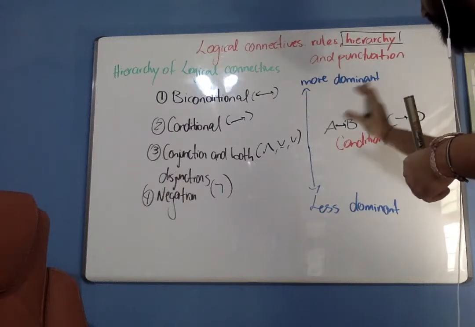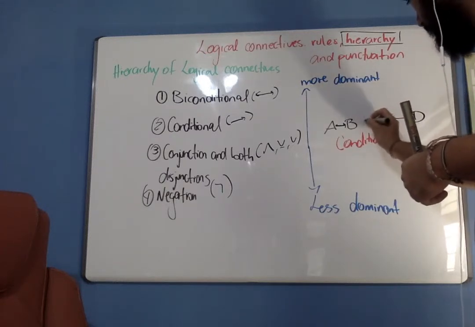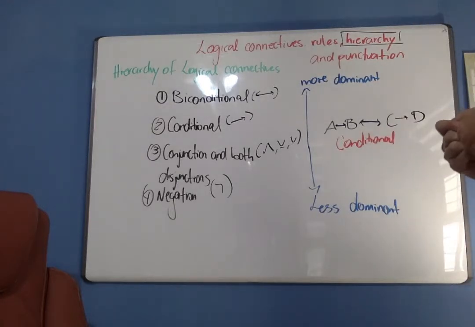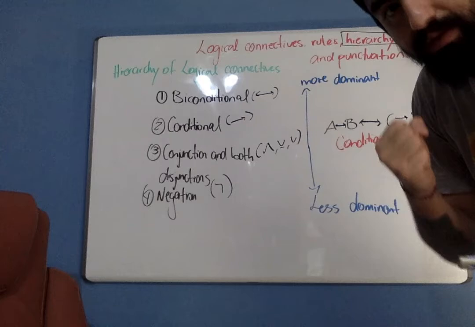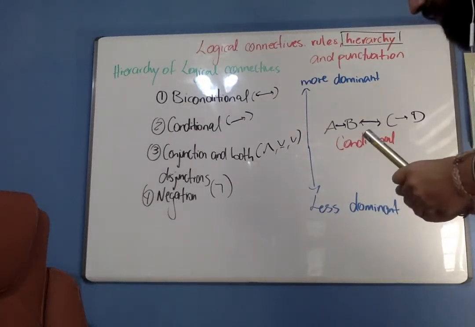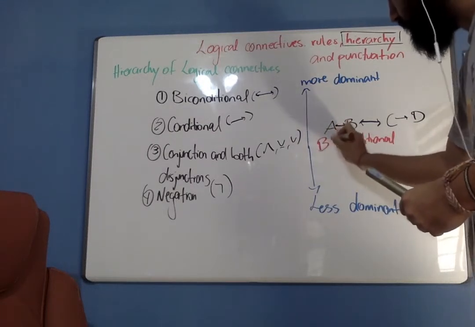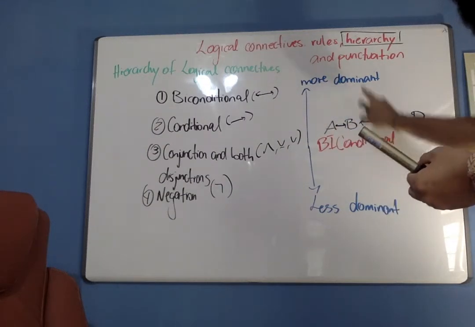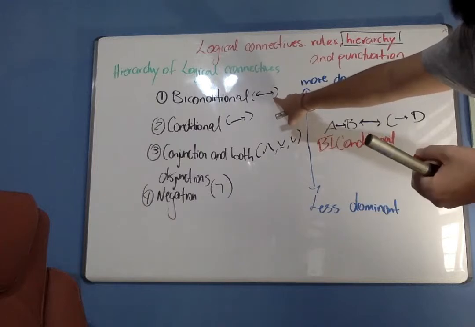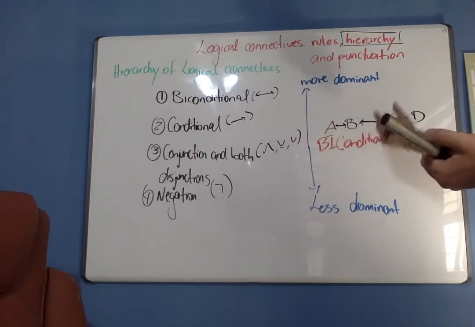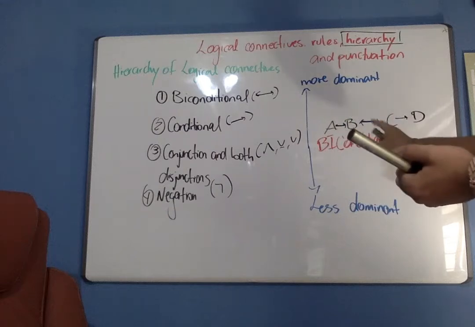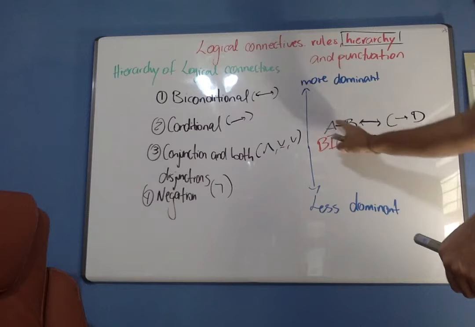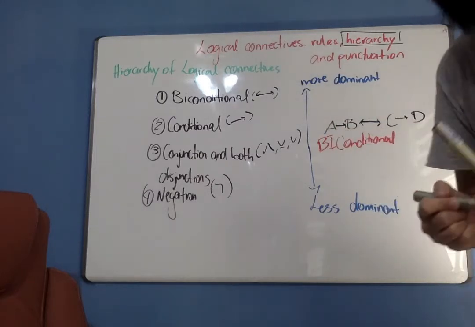And imagine that this is linked through a biconditional. Now, one question: is this still a conditional? No, exactly, that is not a conditional. This is a biconditional, okay? Why? Because now the more dominant logical connective, the one that has more hierarchy or more priority, is the biconditional, and then the conditionals are, in this sense, secondary connectives, okay?